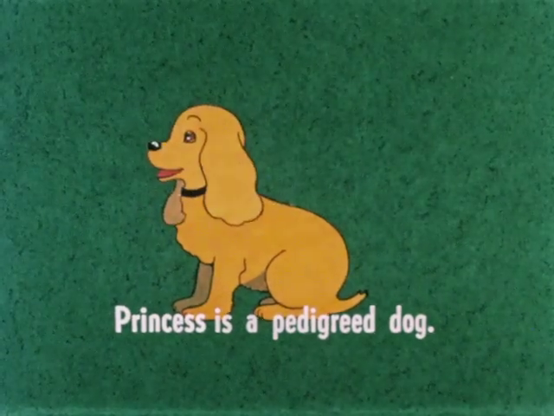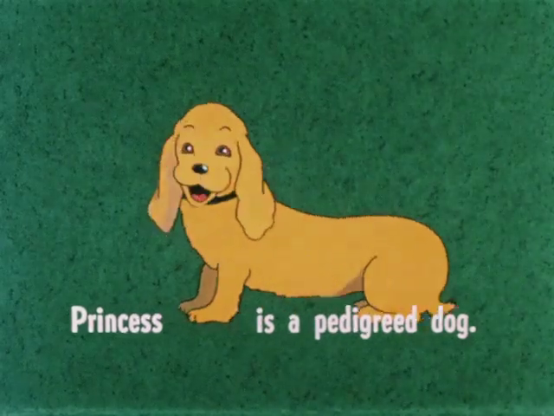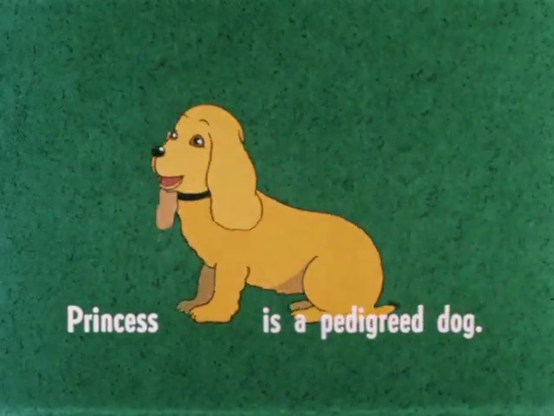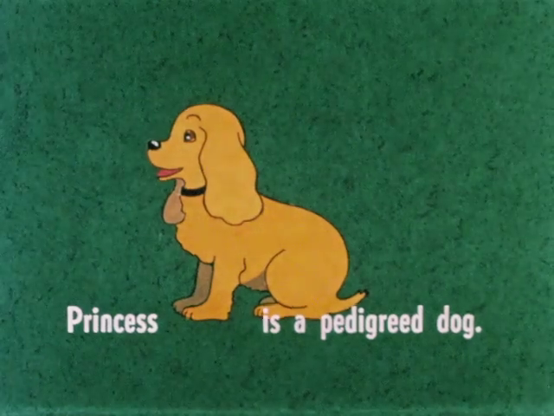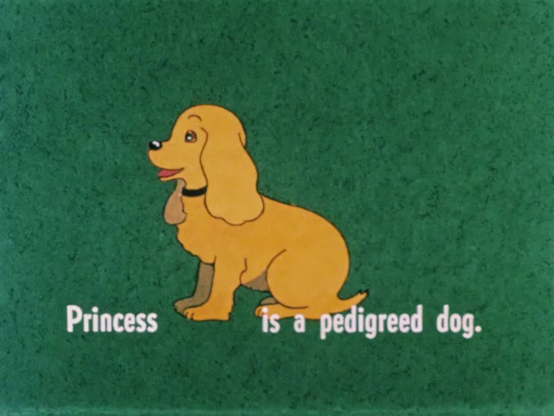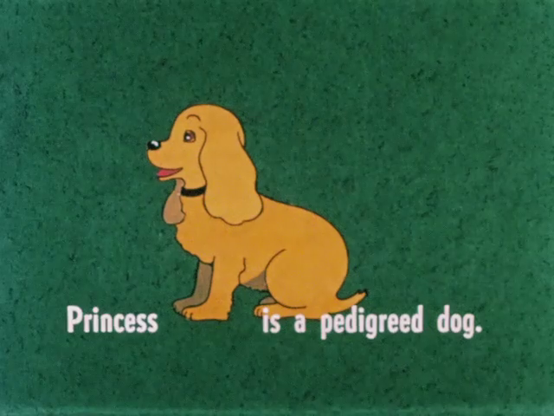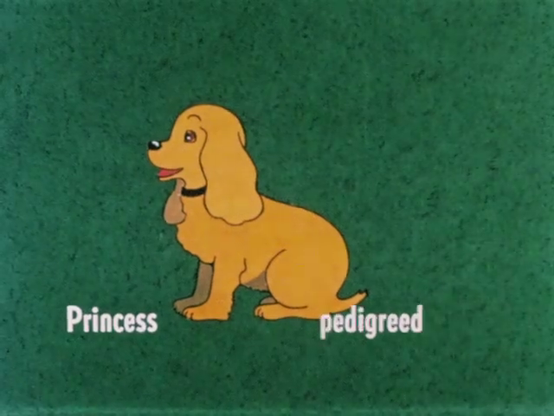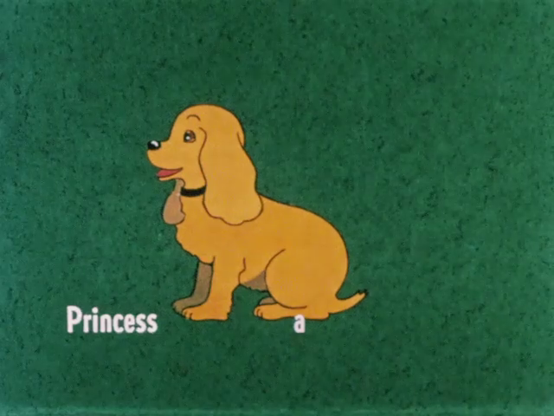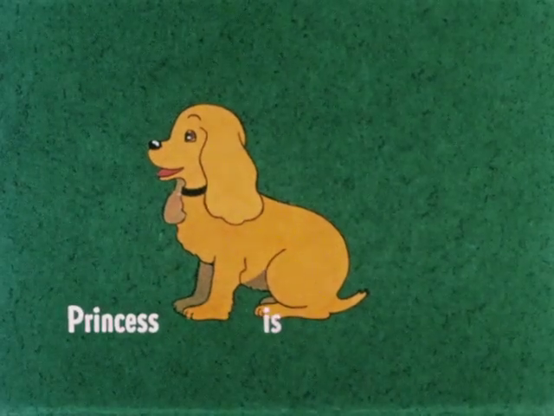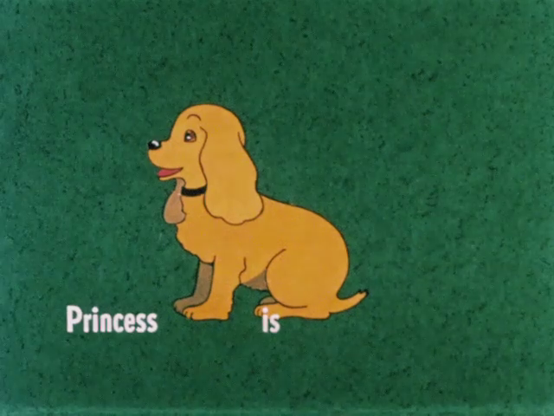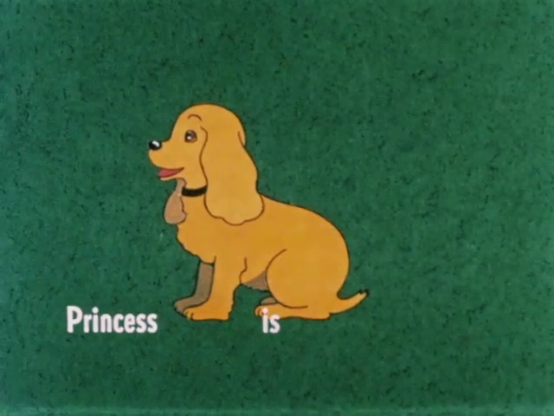Let's separate the complete subject from the complete predicate. Now, in the complete predicate, is there a word that either tells what the subject, Princess, does, or something that is done to the subject? No. But there is a verb here, and the verb is the word is.